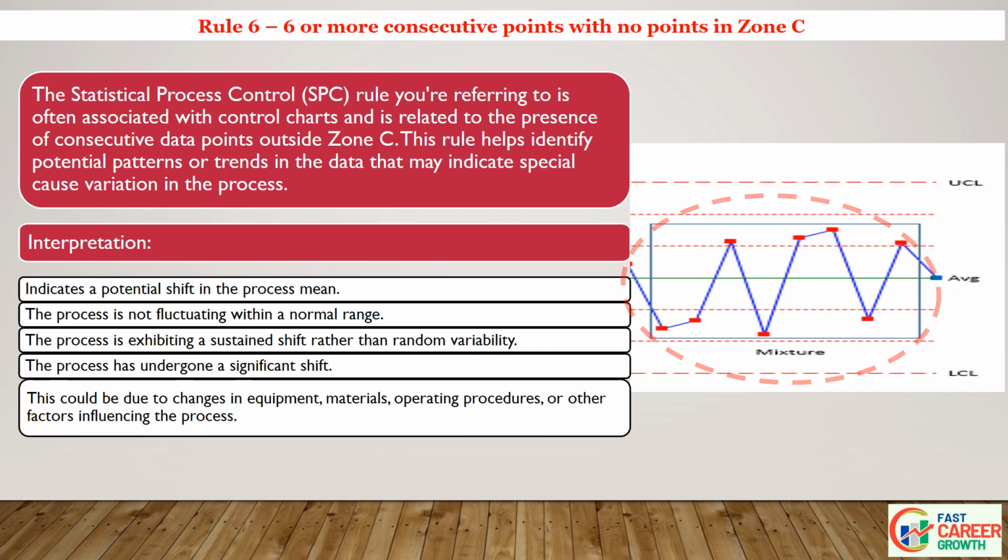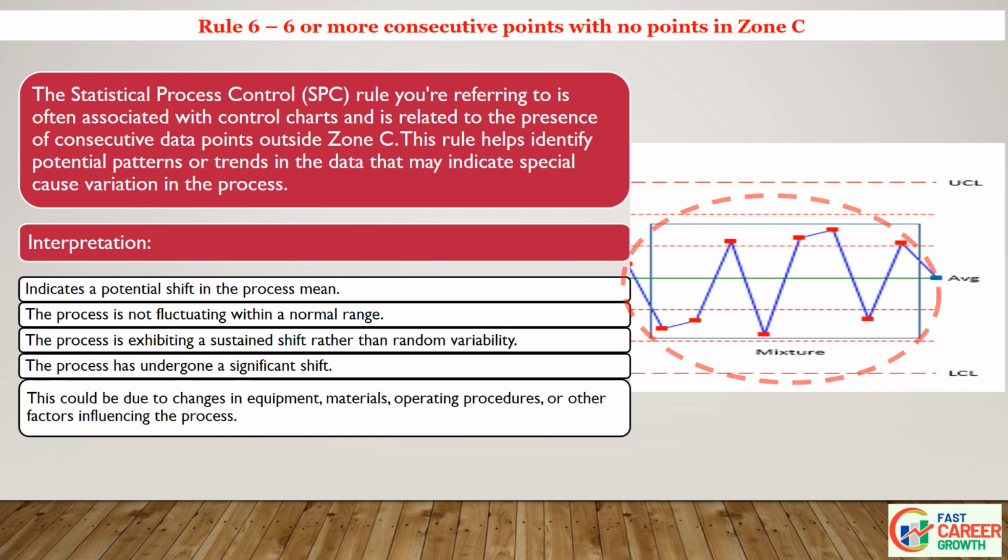Action steps are: first, investigation. When this rule is triggered, it's essential to investigate the potential causes of the sustained trend. Look into recent changes in the process, equipment, personnel, or other relevant factors. Second, correction.